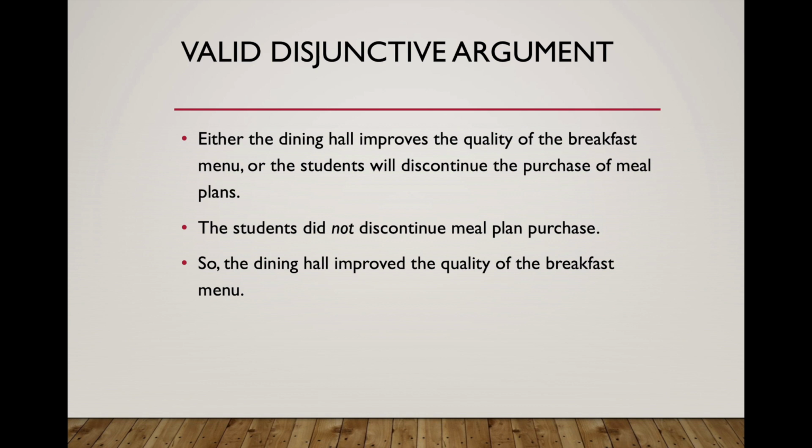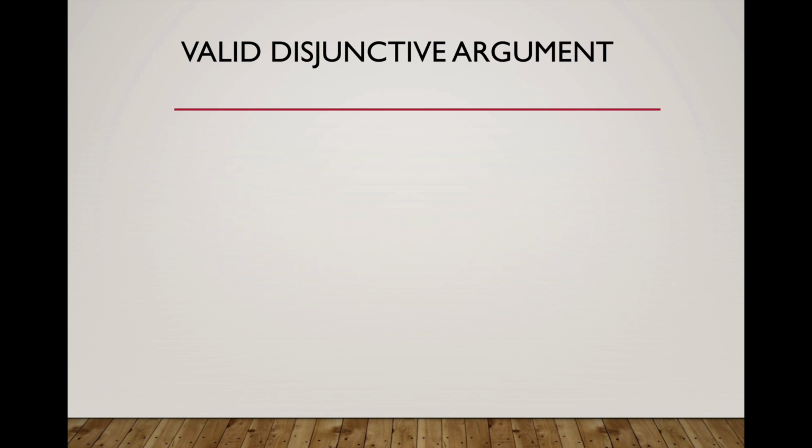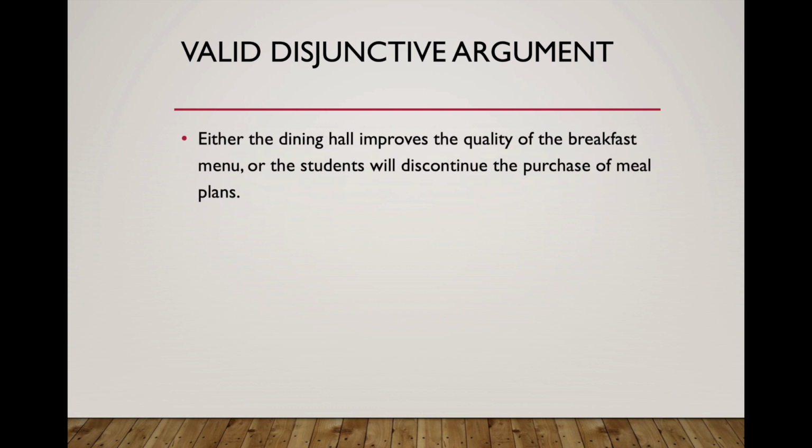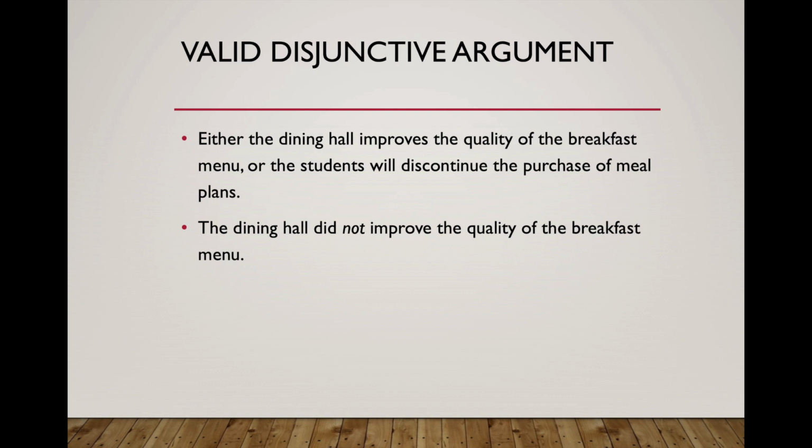So this is the valid disjunctive argument form, and in that valid form, the second premise denies one of the disjuncts. So if we say this, either the dining hall improves the quality of the breakfast menu or students will discontinue the purchase of meal plans, and then the second premise says the dining hall did not improve the quality of the breakfast menu, here we're denying the first disjunct.